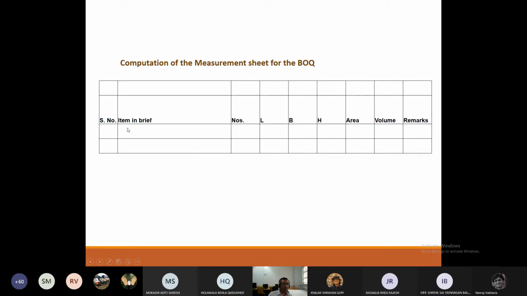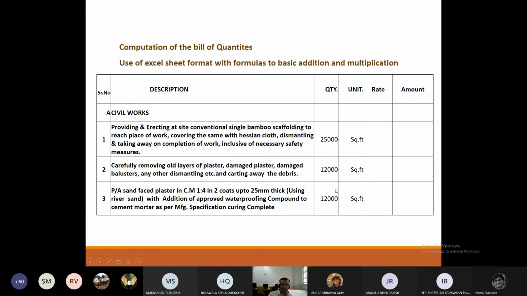Similarly, I put down all the walls: east side wall, west side wall, north side wall, south side wall. If I calculate all my areas, I know my actual plaster area should be 12,000, as given here. It is the same figure that you took here and put here for 12,000 square feet.